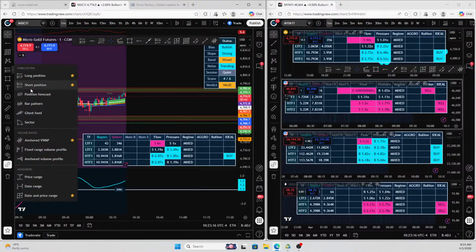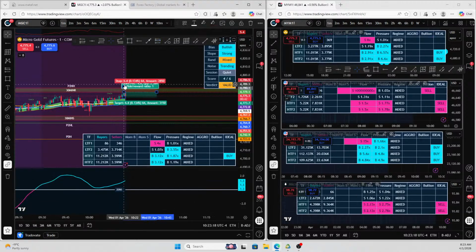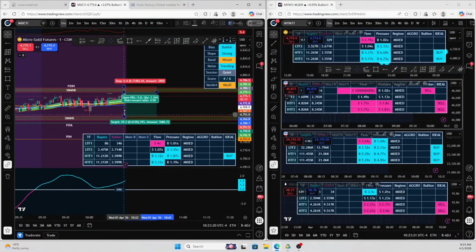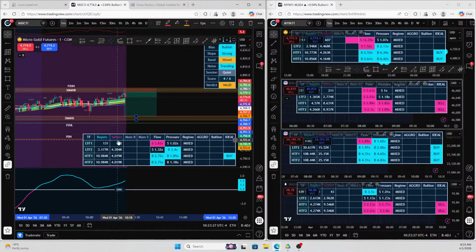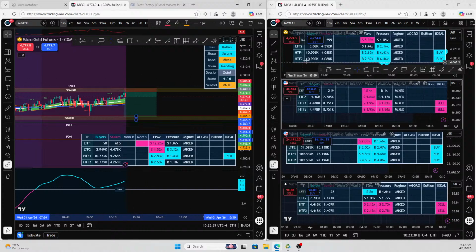People might be trying to short this level from here back to here. And these are sellers stepping in to short it back down.